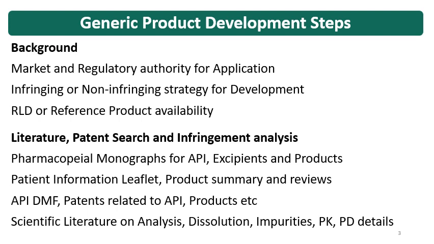Then comes the infringing or non-infringing strategy for the development. If the generic applicant wants to develop with an infringing strategy or non-infringing strategy, whether the generic applicant is going to wait for the patents of the innovator to expire or not, that should be clear from the first day.